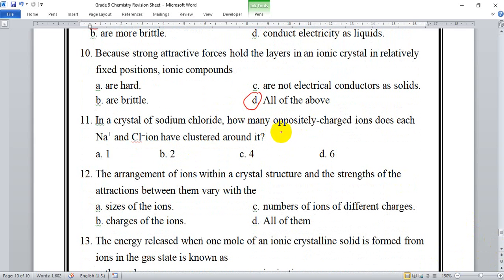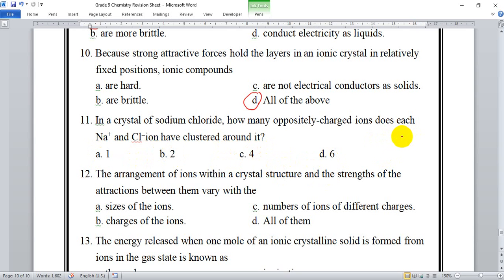In a crystal of solid sodium chloride, how many oppositely charged ions does each Na positive and Cl negative ion have clustered around it? 1, 2, 4, or 6.